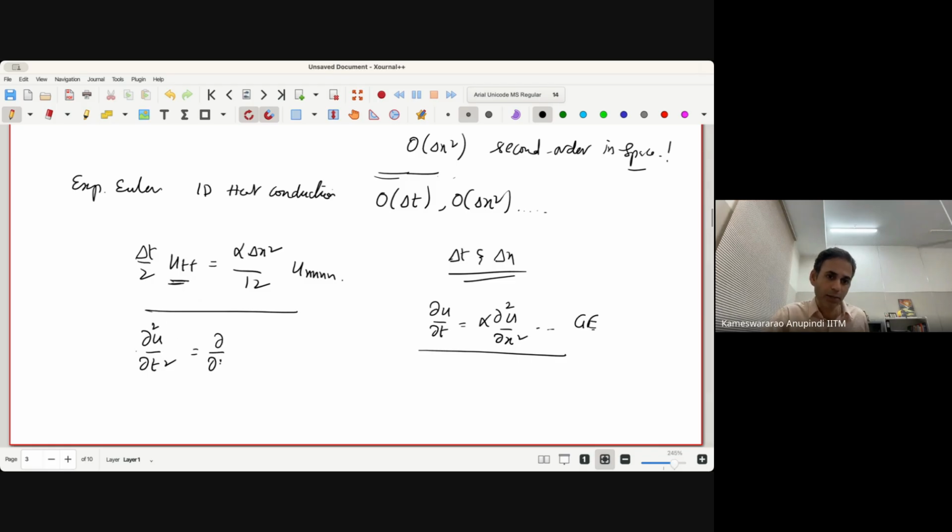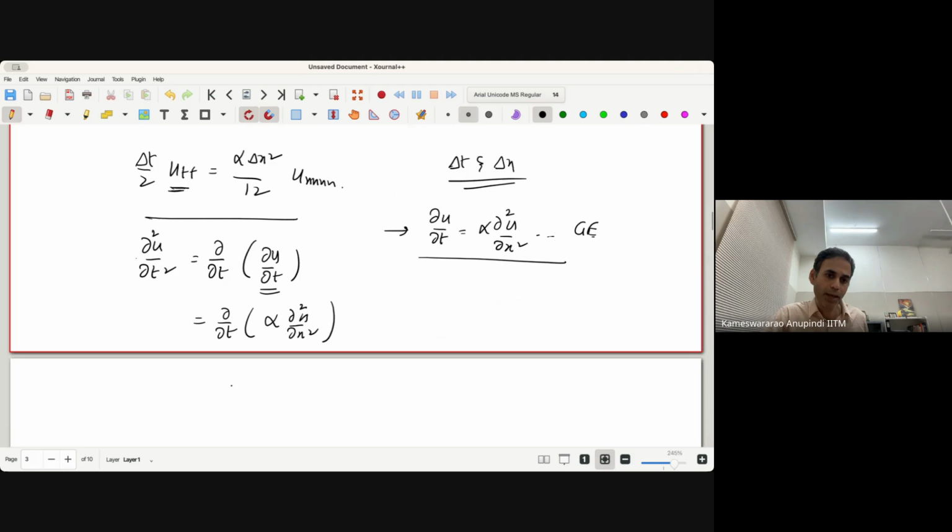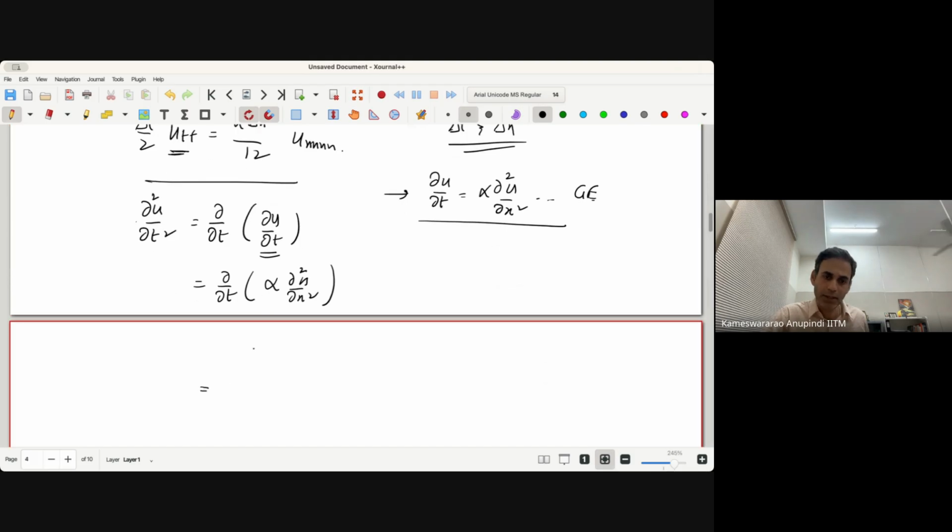I can write this as partial t of partial u by partial t. Then I can substitute for dou u by dou t from here, which is alpha dou square u by dou x square. Alpha is a constant, so alpha can be brought out.